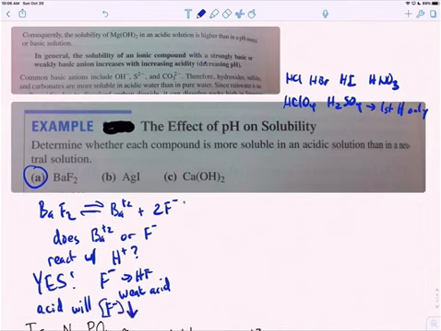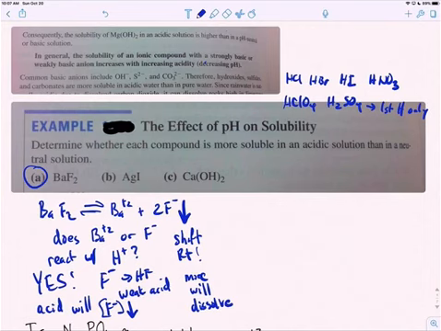So if the fluoride concentration goes down, what happens is, Le Chatelier's principle, we shift right. And that means more will dissolve. So in this case, barium fluoride.